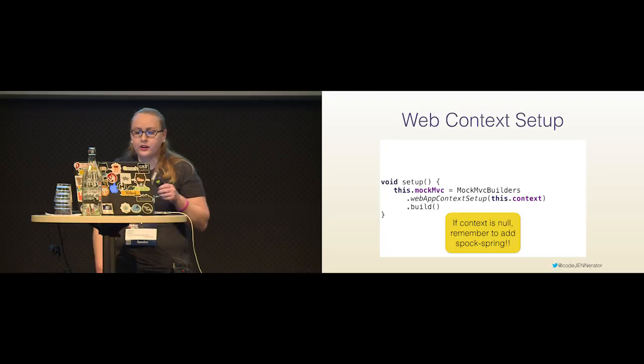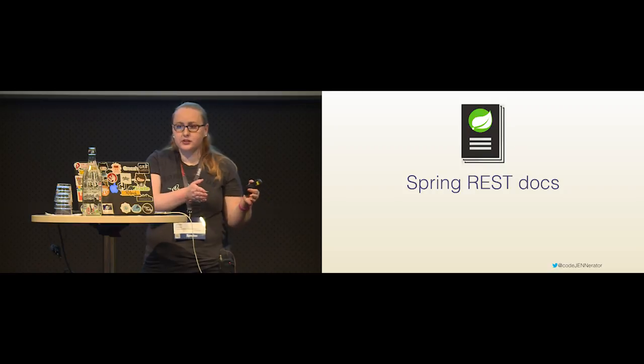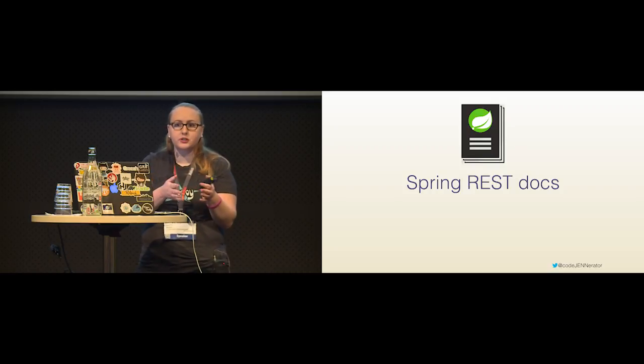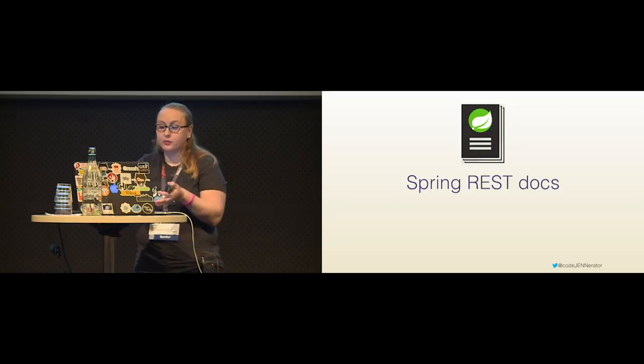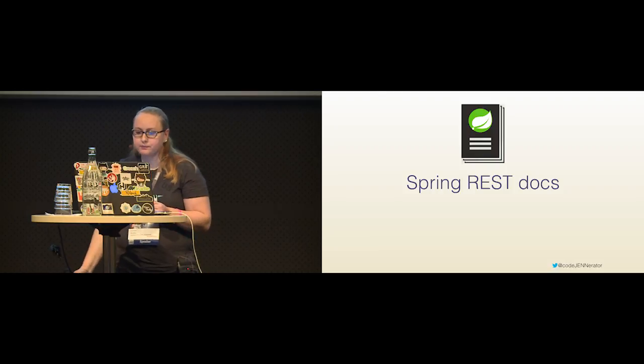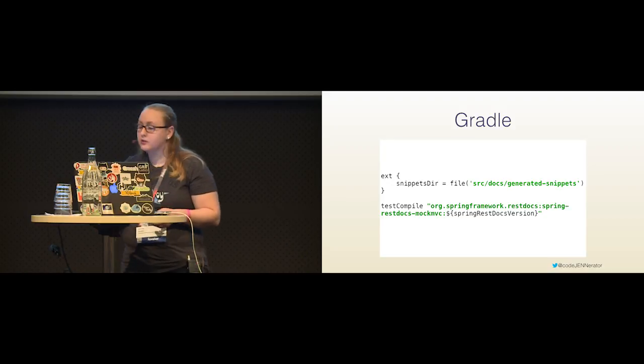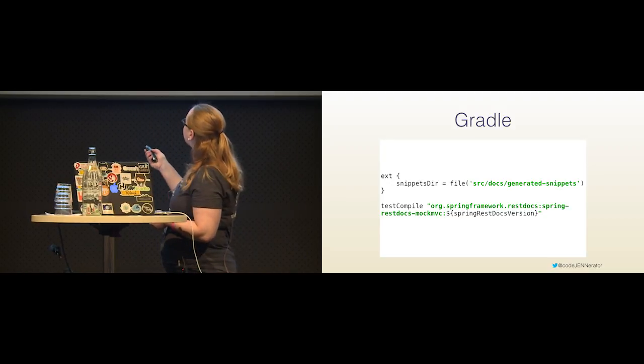Okay, so at this point we have some endpoints, we have some documentation, and we have some tests. Now we can actually start talking about how to add Spring REST Docs. You want to plug into your Gradle file, and you'll want to notice that there are two different versions.